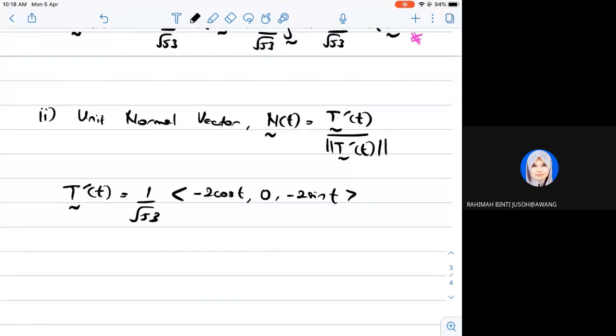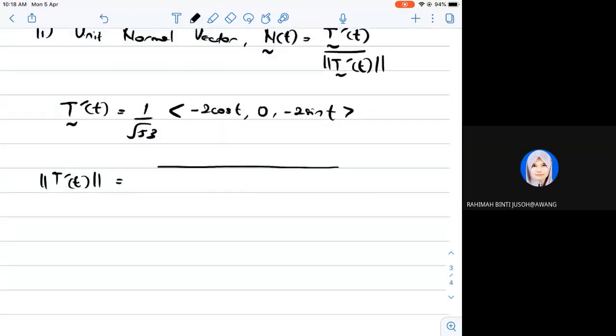And after that, we need to find the magnitude of T'(t). Macam tu. So we have to open the square root sign, right? So 1 over square root 53 squared. Oh, for that nanti you are confused. Sekejap. We have to factor out this.